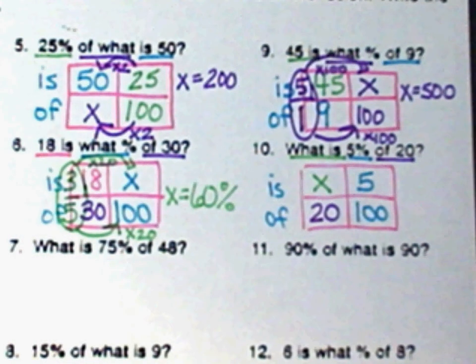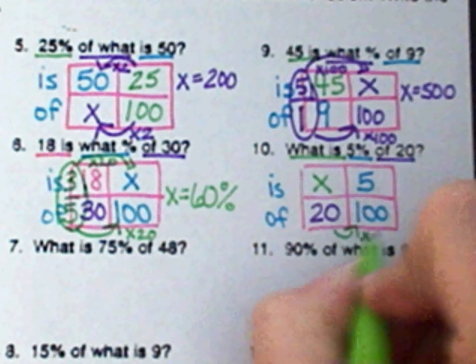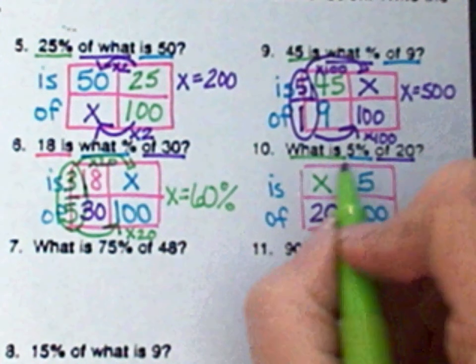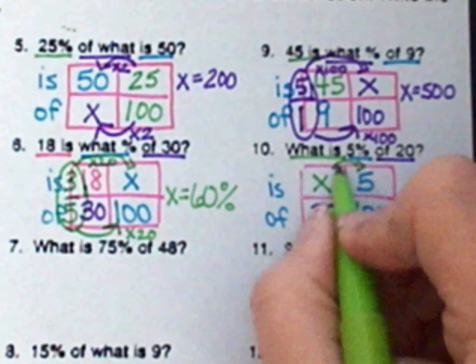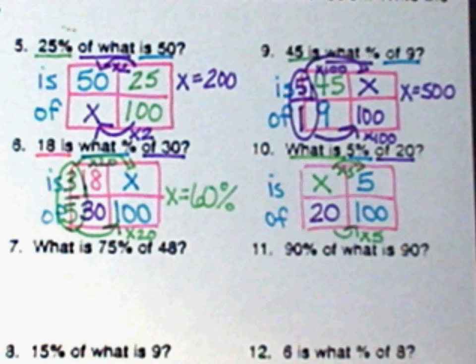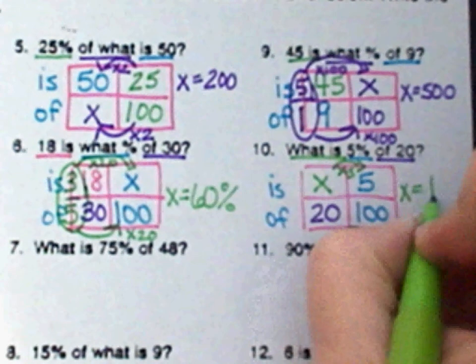I'm looking for, how do I get from 30 to 100? I can't. So I'm going to look, is there a way to reduce? Absolutely. 18 and 30, what number would they share? They share a 6. 6 goes into 18 3 times. 6 goes into 30 5 times. So I can reduce that to 3/5.